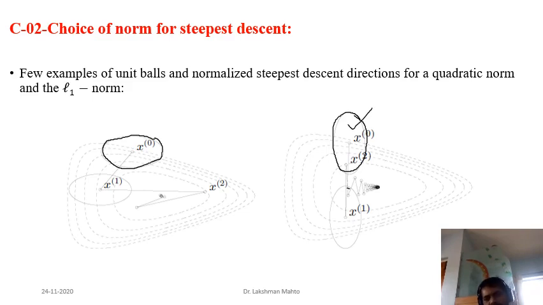Your gradient descent works very slowly, and the convergence takes time. So the choice of P is very important. P must be such that your steepest descent works smoothly and very fine.